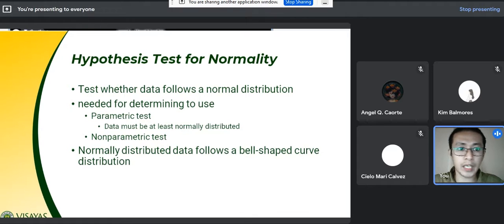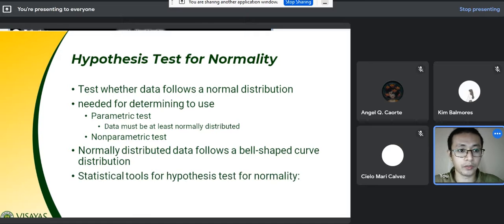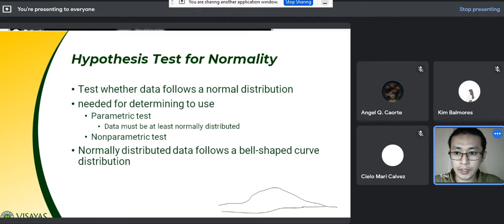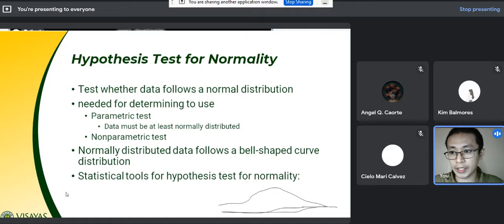So again, in a histogram, normally distributed data looks like a bell curve distribution. So for instance, if this is our histogram, just to recall, our data should follow this bell curve distribution to tell that our data is really normally distributed. But in addition to the histogram, we can perform the hypothesis test for normality to further check our data.